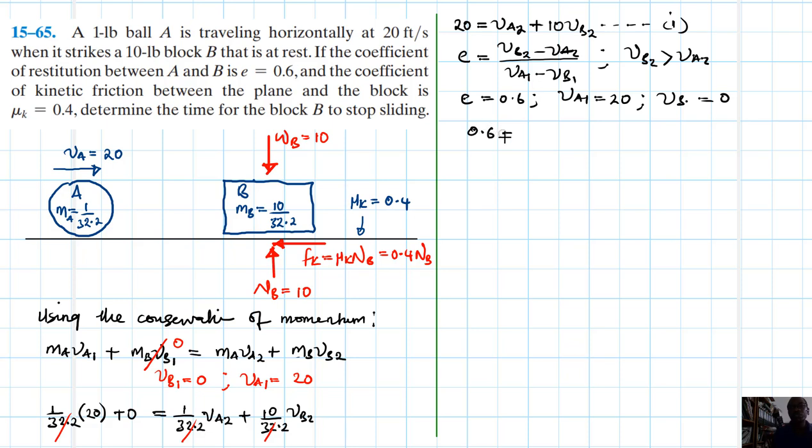So 0.6 equals VB2 minus VA2, divided by 20. Here this becomes 12, which is equal to VB2 minus VA2. So VB2 is equal to 12 plus VA2. This is equation 2.